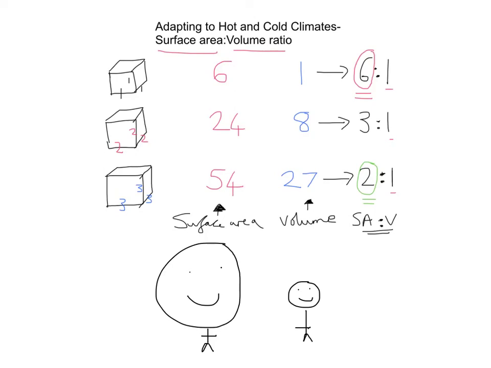It sounds very silly, but I want you to imagine that I place this square on their face. We're going to look at how much surface is exposed in that square. So we're keeping the volume of that square the same. If I were to place it on this man here, it would look something like that. And if I place it on this man here, it would look something like that.